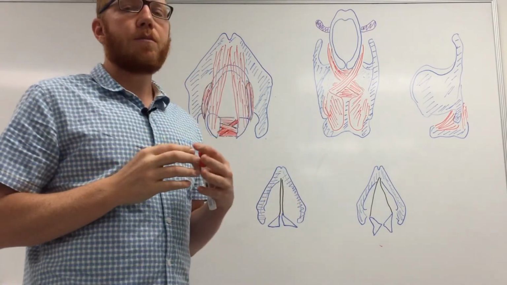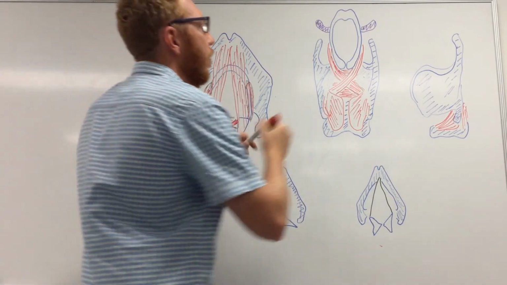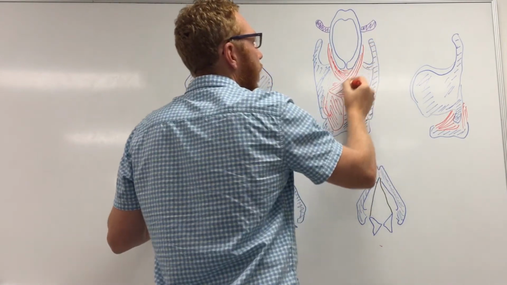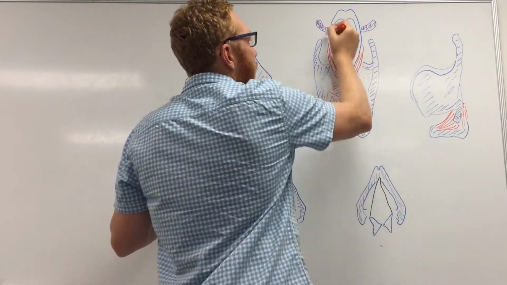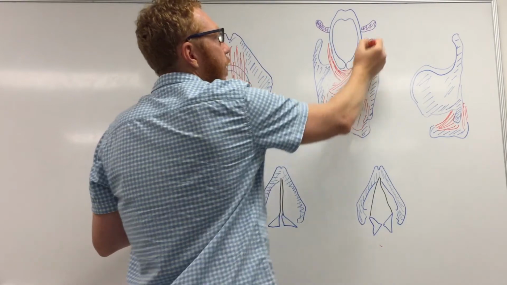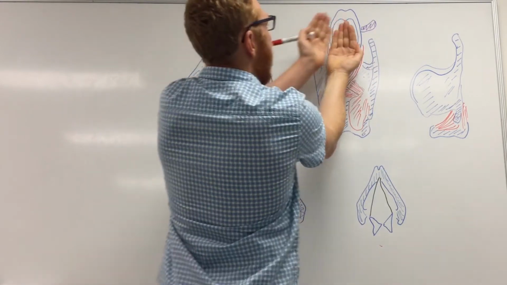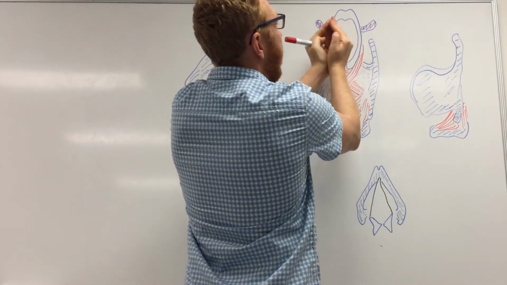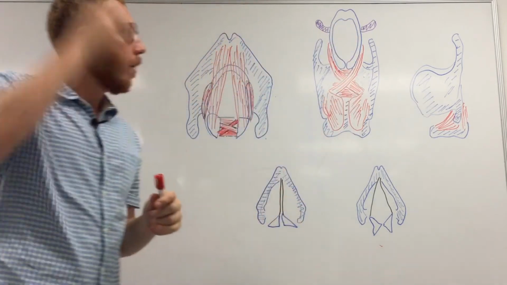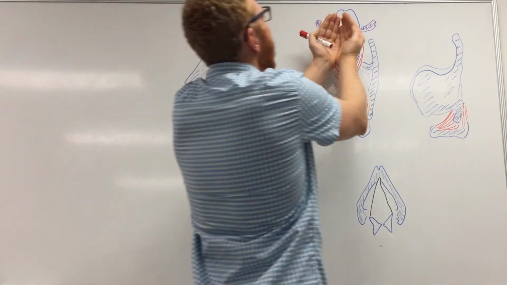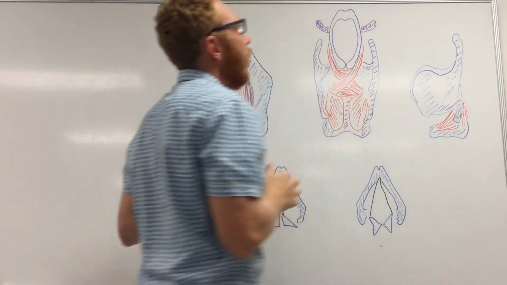A muscle that helps to narrow that is this one. The oblique fibers of the arytenoid muscle group are going to narrow the inlet, bring it in. Whereas the one that widens it is going to be the thyroepiglottic.